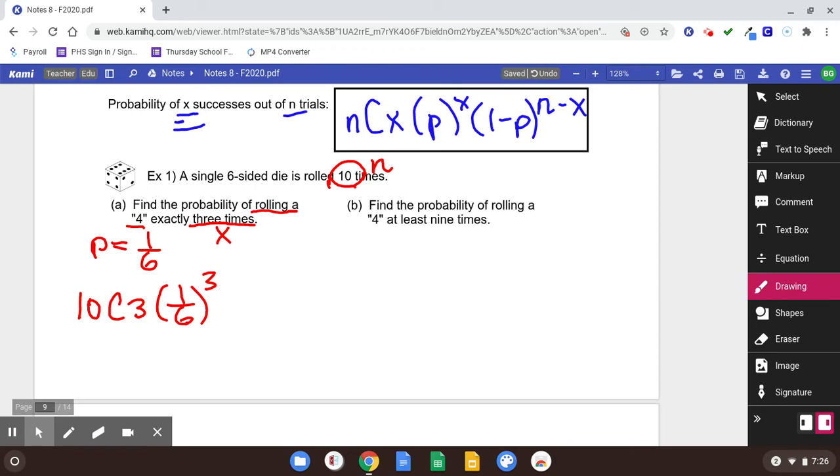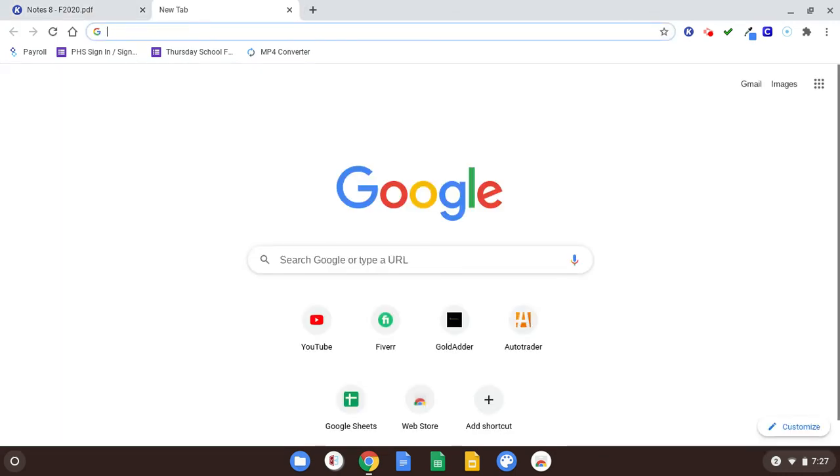If you roll the 4 3 times, then that means you roll something else 7 times. So that something else would have a probability of 5/6, and we would see 7 of those. So that's what we have to enter into our calculator. So let's do that.